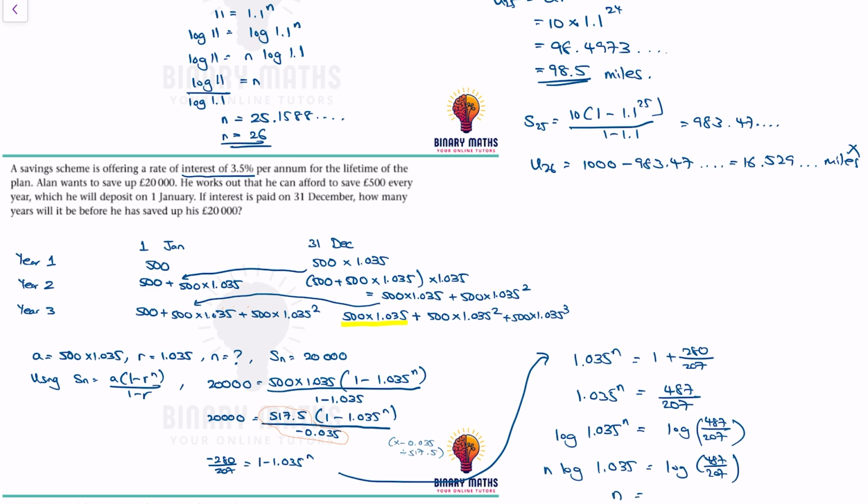So n will be equal to log of 487 over 207 divided by log of 1.035. I put that into my calculator, I get n is equal to 24.86947, which means n is equal to 25. So at the end of 25 years, he'll have saved up 20 grand.